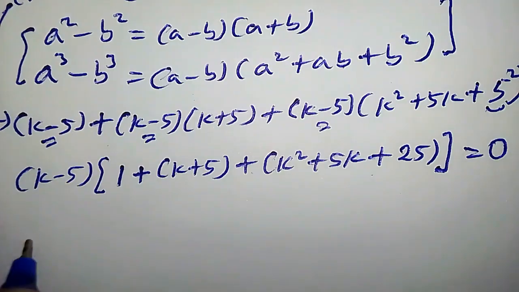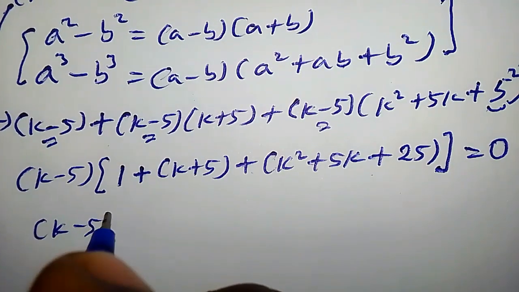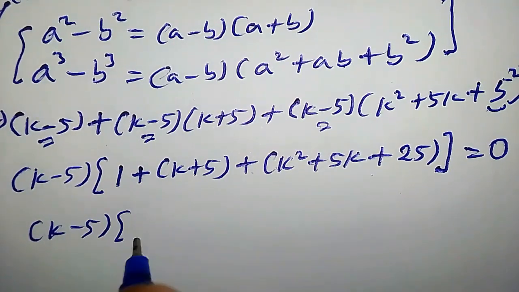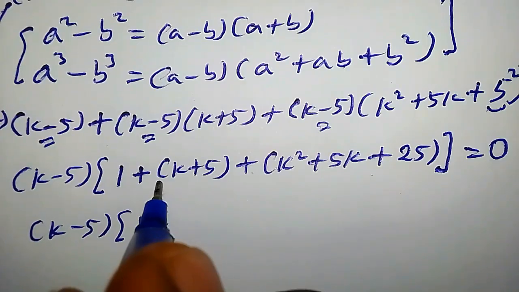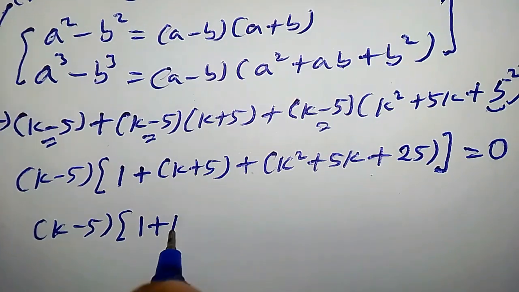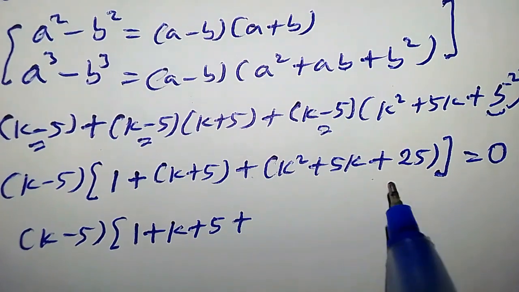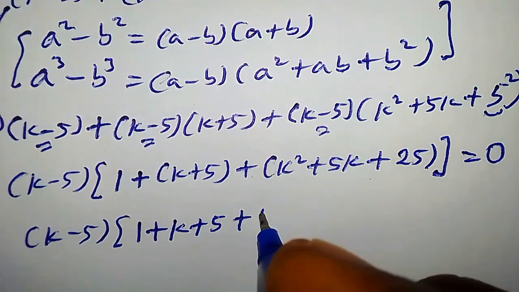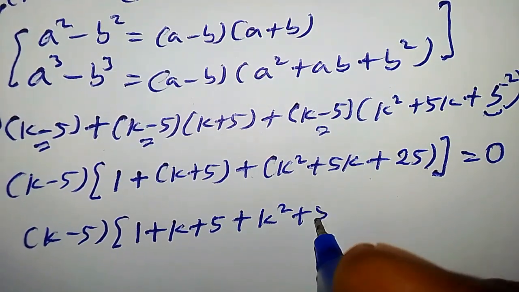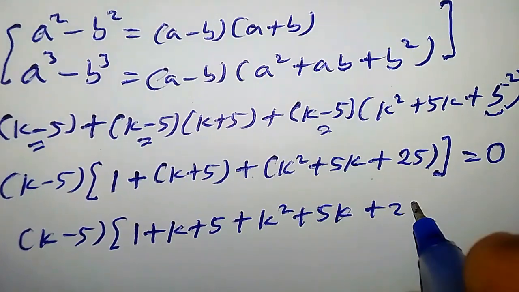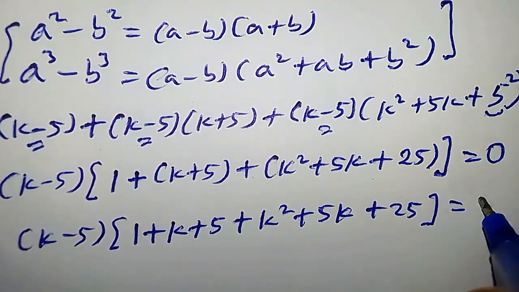Let's continue. So we have k minus 5 into 1 plus, let's drop these brackets. We have k plus 5 plus, let's drop this bracket also. We have k square plus 5k plus 25 equal to 0.